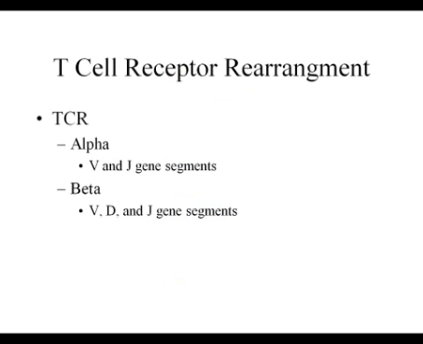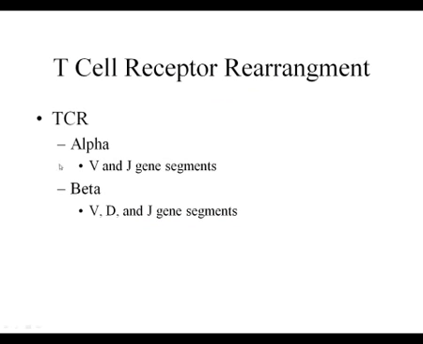Now the T cell receptor rearrangement is extremely similar. So think of the alpha chain on the T cell receptor like a light chain, and the beta chain is more like a heavy chain. So you're going to get an alpha chain generated and a beta chain generated, and then an alpha and a beta are going to combine, and you're going to have a T cell receptor with a high amount of variability generated from basically the same ways.